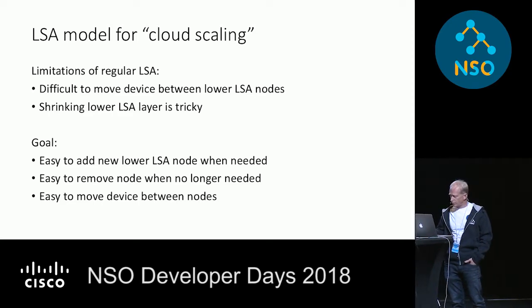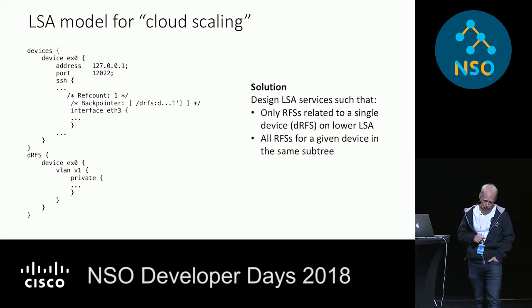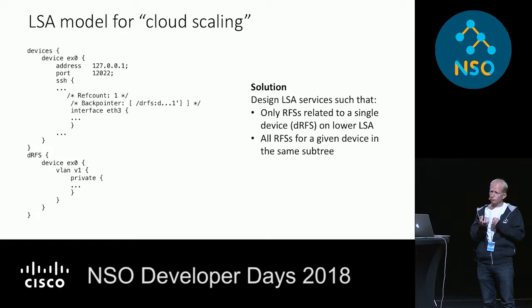And we came up with a solution for that, that makes that possible. And the observation is that what makes it difficult to move a device from one node to another one is that there are potentially lots of different services touching the same device in sort of an uncontrolled way.